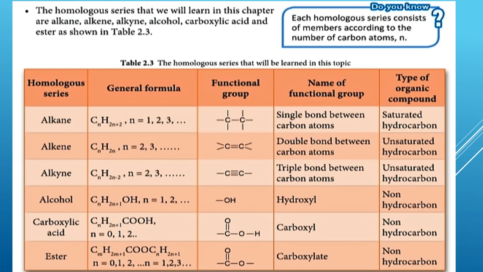Alright, so the homologous series that we learn in this chapter are alkane, alkene, alkyne, alcohol, carboxylic acid, and ester. Each homologous series consists of members according to the number of carbon atoms. For example, here we have homologous series alkane.